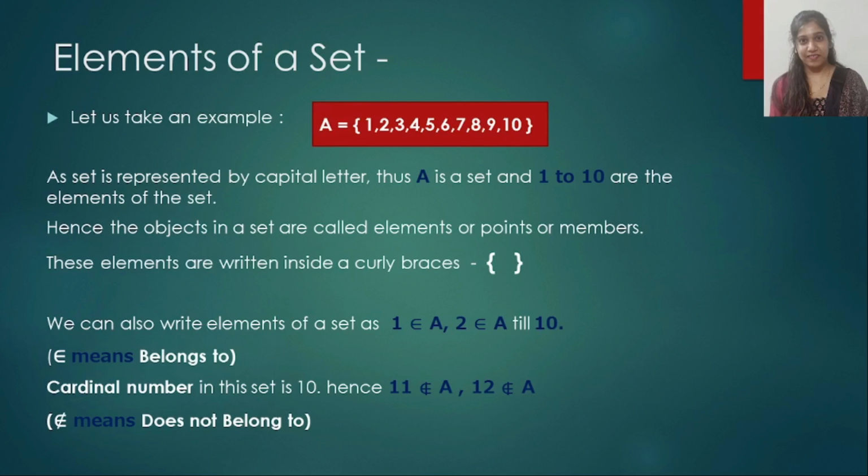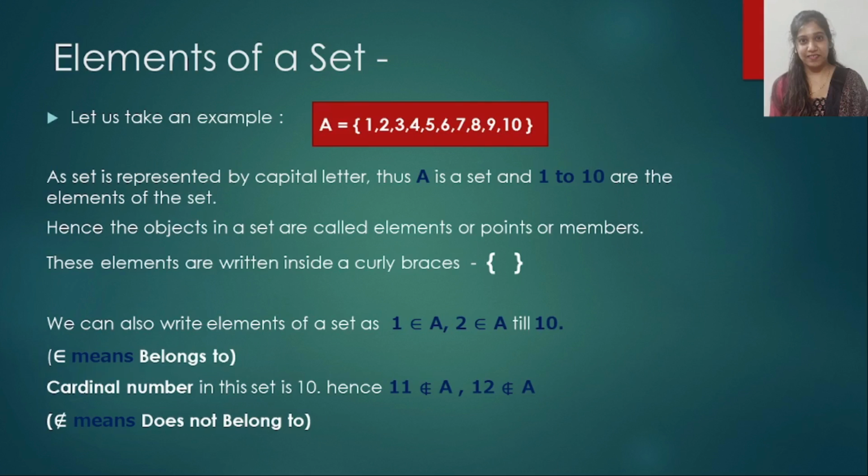Now to explain elements of a set, let us take an example. I have taken A equals 1 to 10 numbers. Okay, it's 1, 2, 3, 4 till 10. Now, as I said previously, a set is always represented by a capital letter. So A is a capital letter.